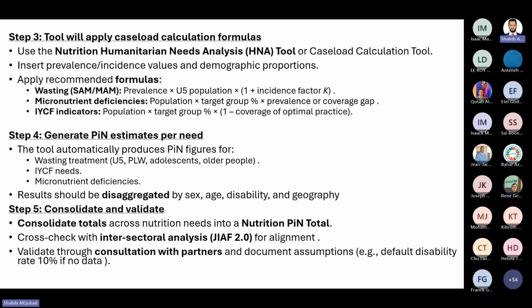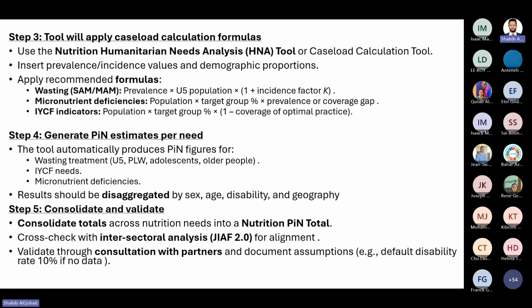The third thing is to generate the people in need estimation per need. The tool will also support you to have the people in need per these different categories, which are wasting treatment, IYCF need, and micronutrient, and it will calculate for you the total people in need. Please, as much as you can, disaggregate the data by sex, age, disability, and geographical area.